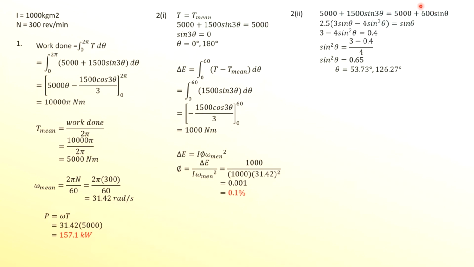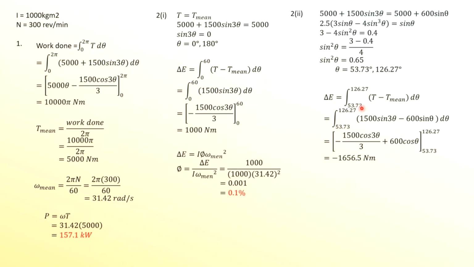This one is fluctuating at the same time. So you have to solve this equation in order to get sine squared theta equals 0.65. When you take the square root, you get these two angles, which are the limits: 126.27 degrees as the upper and 53.73 degrees as the lower limit.